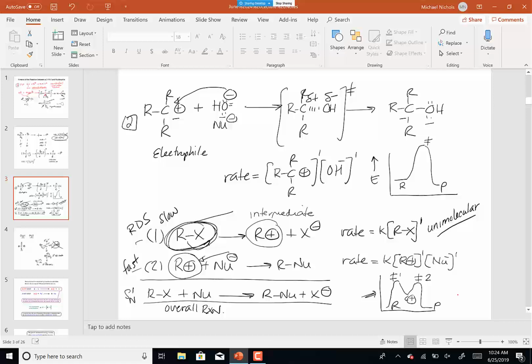So A primary, B secondary, C tertiary. Which one reacts fastest in an SN1 reaction? I think your fingers are overlapping, Sydney. Got it.